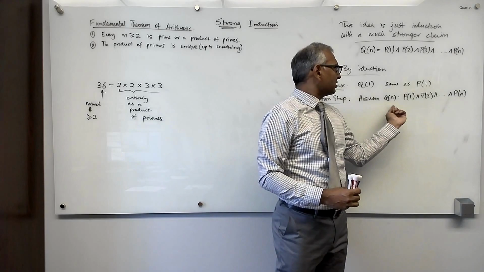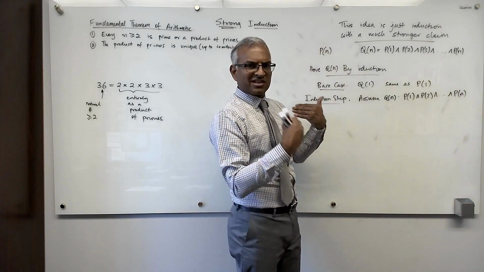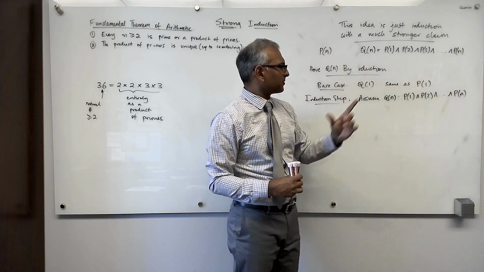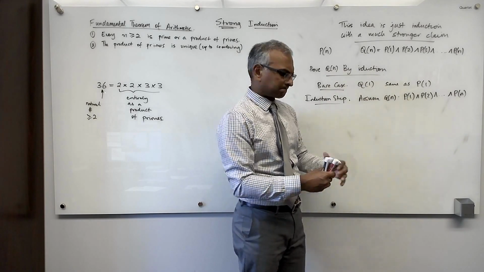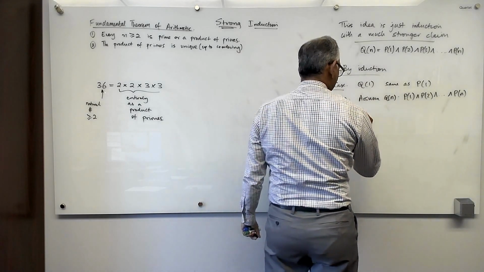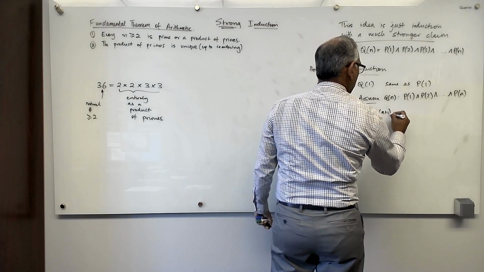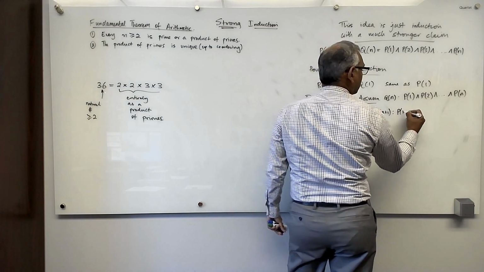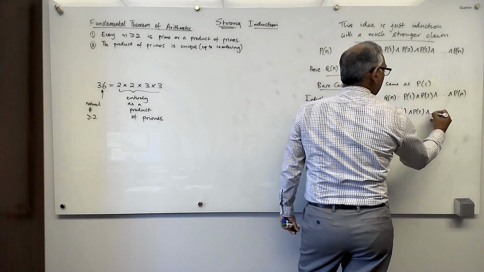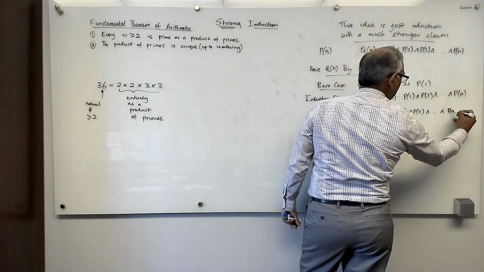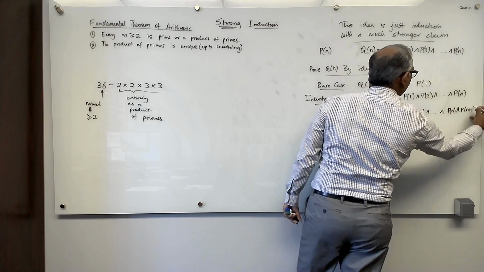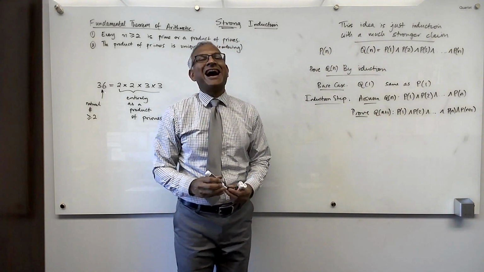So Q of n assumes that, but this is just the standard mechanics for proving Q of n. You assume Q of n. Prove Q of n plus 1. What is that? Prove that P of 1 and P of 2 and P of n and P of n plus 1 are all true.